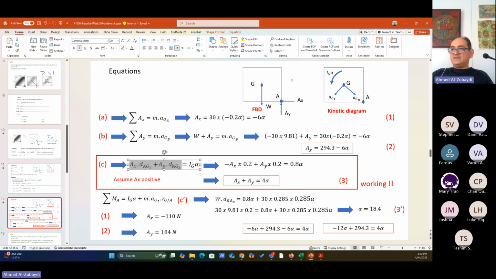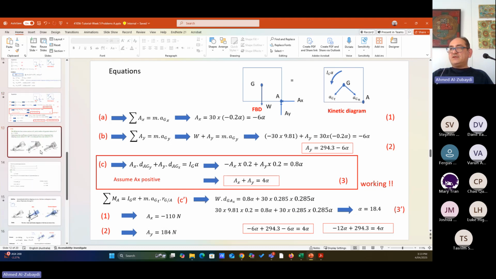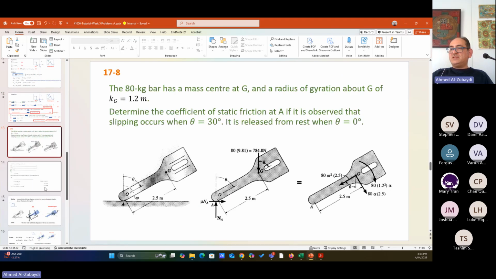Okay, and that's it. I just applied that and I got the answer directly for the alpha. And then I substitute in equations 1 and 2 to find the value for the reaction AX and reaction AY.